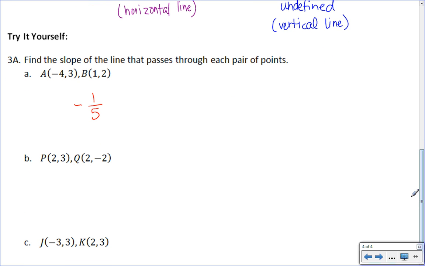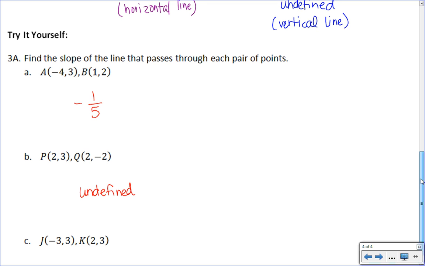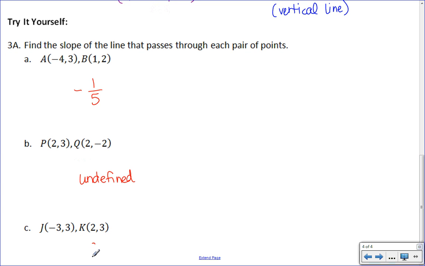For the second one, the slope is undefined. And for the last one, the slope is 0. And please make sure that you have work shown for all 3 of those as well.